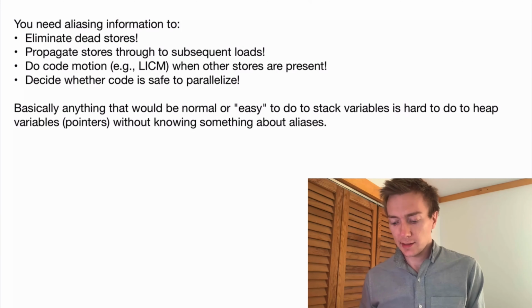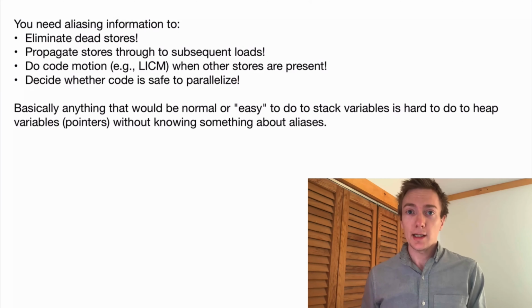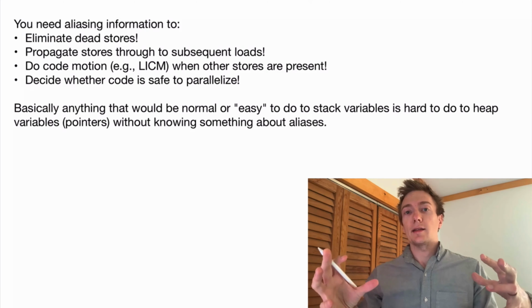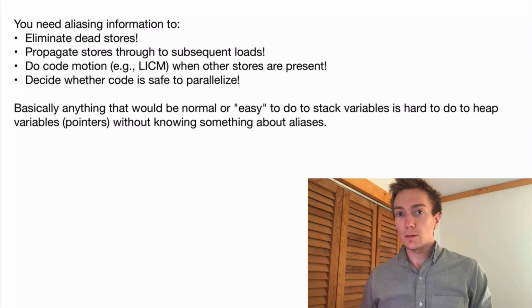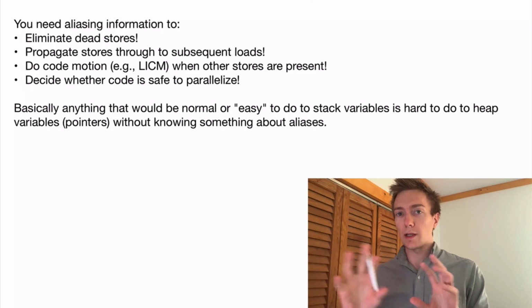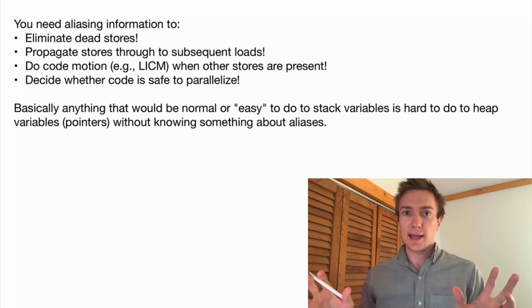An example that is close to my heart is that alias analysis is a major bottleneck on being able to automatically parallelize programs. If you wanted to, for example, take some code that is written in a sequential way and make it run on a vector machine or on a multi-core machine, you need to be sure that those pieces of code that you want to run in parallel with each other are independent. They can't interfere with each other.